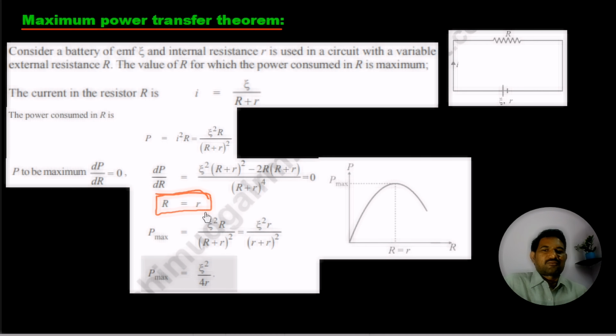Therefore, when the effective internal resistance in the circuit is equal to the external resistance, then the power delivered to the external resistance is maximum. This is called the maximum power transfer theorem, right?